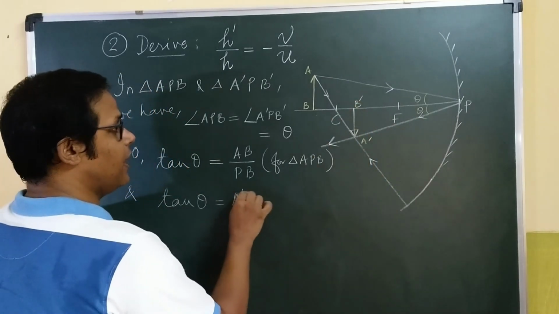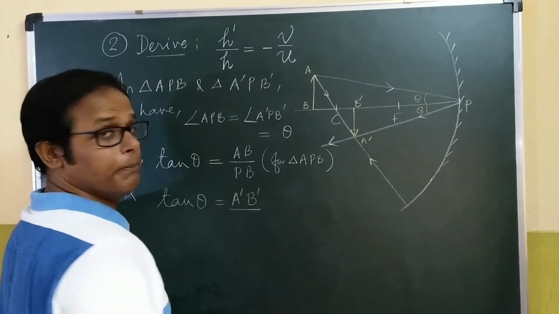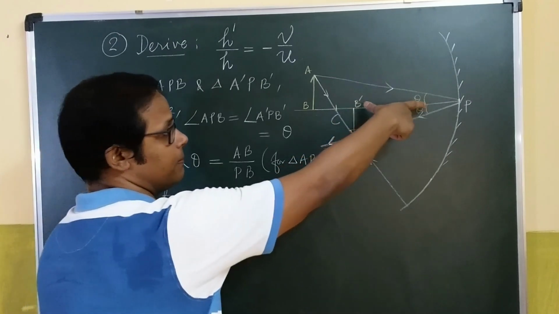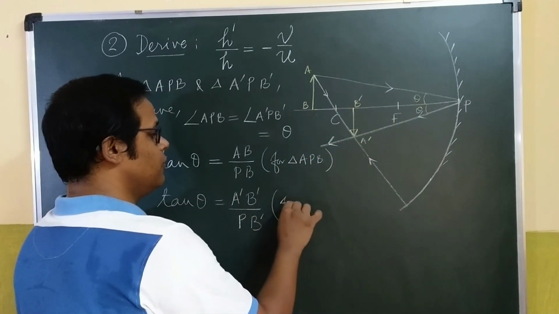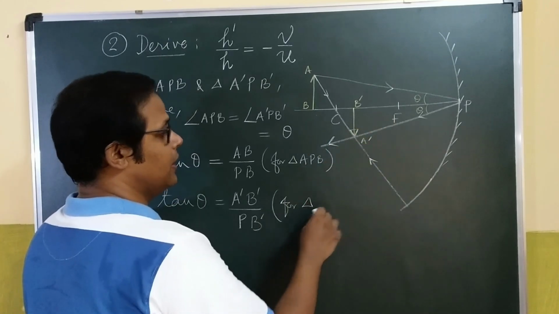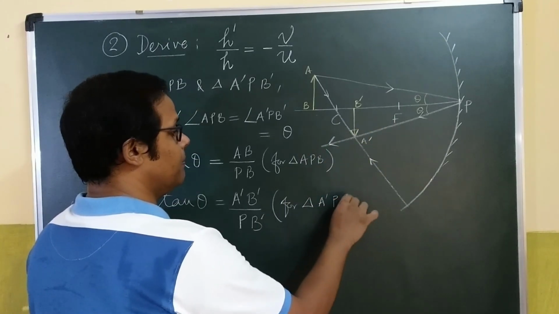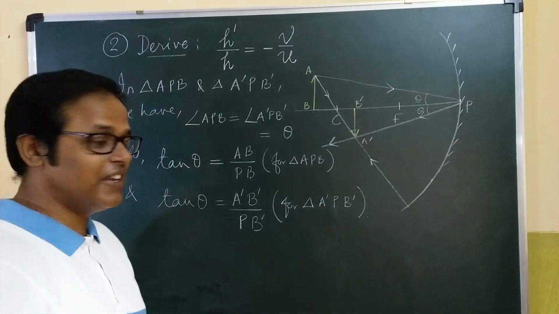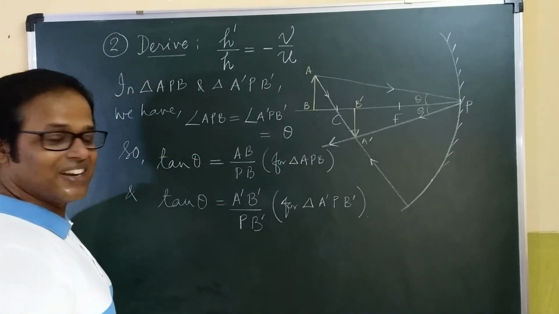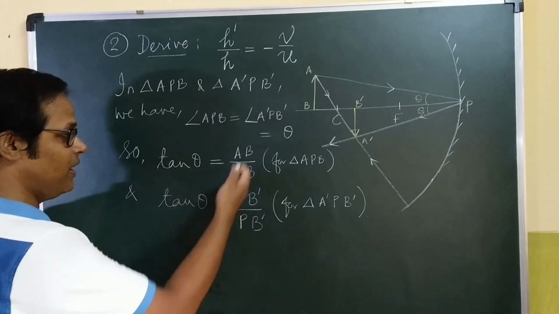In that case, I will find A prime B prime perpendicular by the base, that will be PB prime. This is for the triangle A prime PB prime. Is that clear? So definitely, I'm sure that you can do it right now. Both the tan theta should be equal.